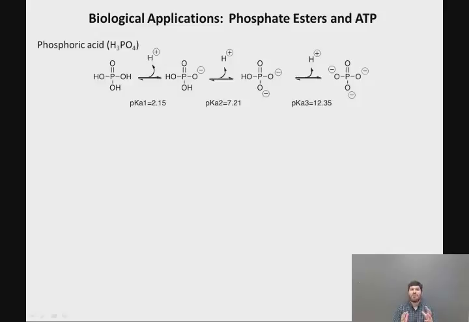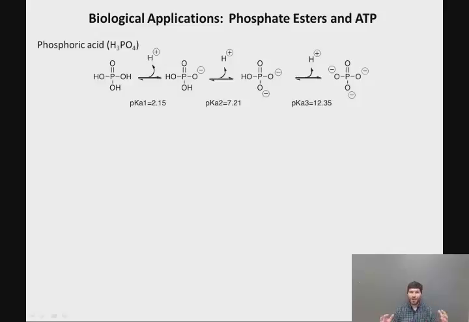So phosphoric acid is not a strong acid in the classic definition, in that it does not have a negative pKa for the removal of its first hydrogen. The first pKa value is 2.15, so it is still technically a weak acid, which means that the equilibrium constant is going to be less than 1.